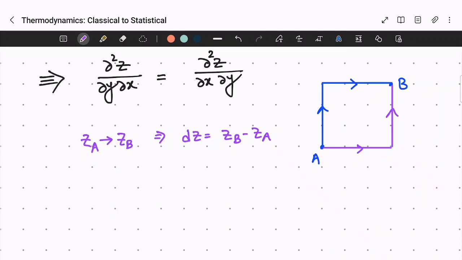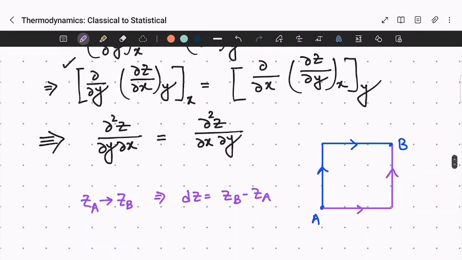So it will not matter whether we are changing first x or y. This equation means first we are changing x at constant y, after that we are changing with respect to y at constant x. And this means exactly the opposite: first the change of z with respect to y at constant x, and then the change of z with respect to x at constant y.